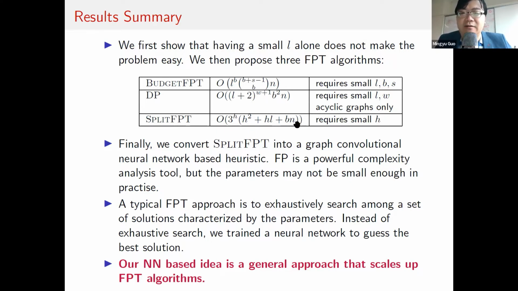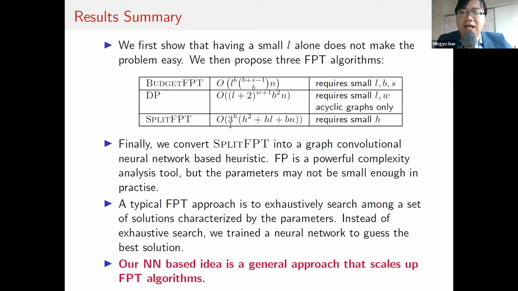Now, in order for this algorithm to scale, we resort to a graph convolutional neural network. A typical FPT approach is to exhaustively search among a set of solutions characterized by the parameters. Searching over 3 raised to the power of H scenarios is too large, so we cannot search that. Instead, we use a graph neural network to guess what would be the best solution. Essentially, this comes down to a combinatorial optimization problem with a sequence of decisions that we need to make, and we train the graph neural network to guess better.